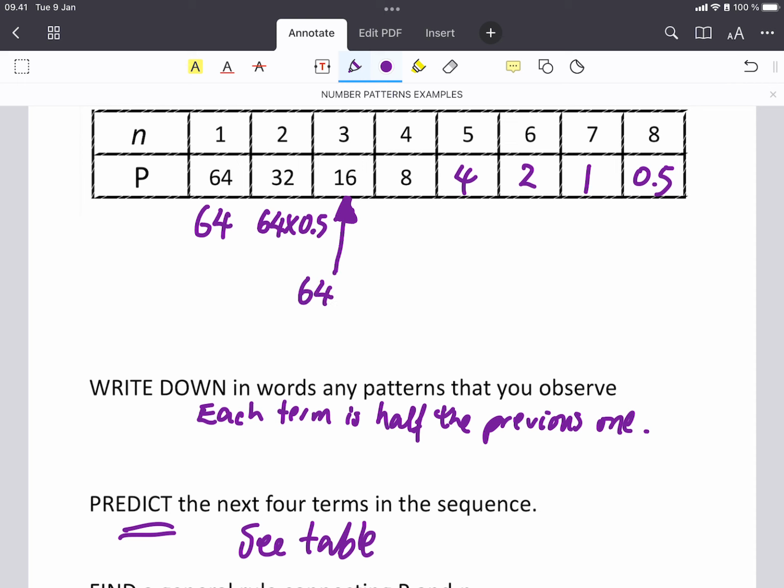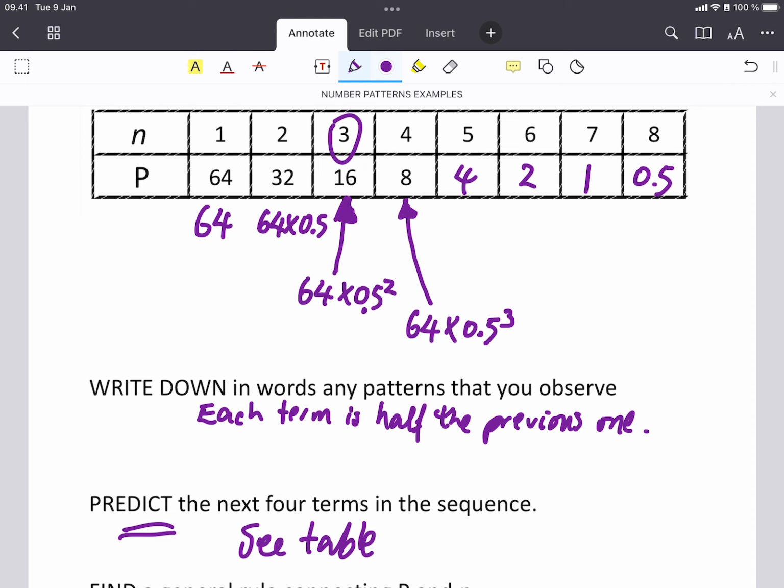So you're multiplying 64 by 0.5 squared. And then the next one is just the previous one multiplied by another half. So it's 64 times 0.5 to the power of 3. And you can see they're all 64 times 0.5 to the power of something.